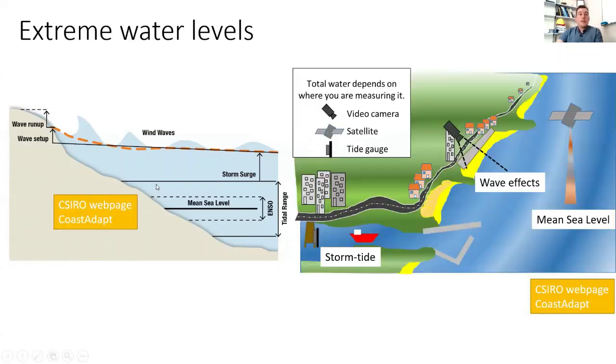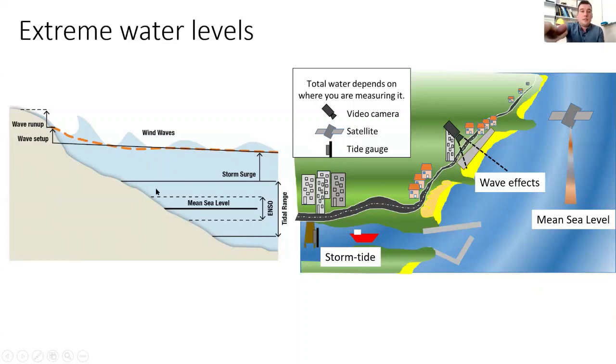Obviously what contributes to total water levels depends on where you're measuring it. So if you're in the open ocean, the figure would look very different to what's on the left here. It's measured by satellite altimeters, and you're really just measuring mean sea level.